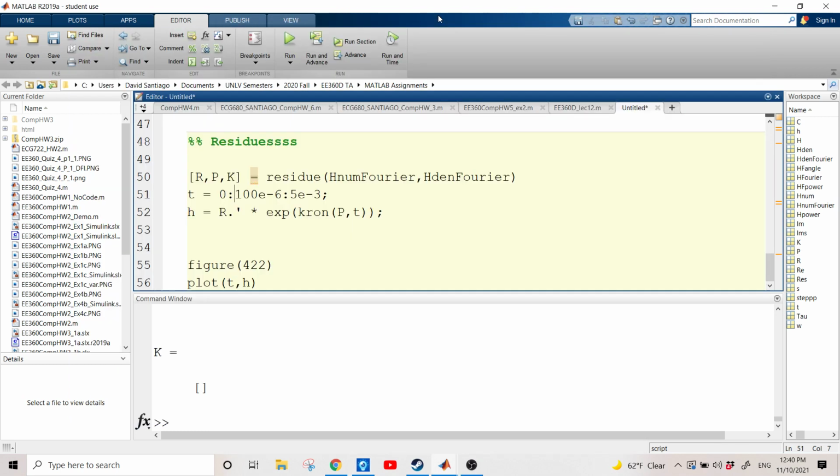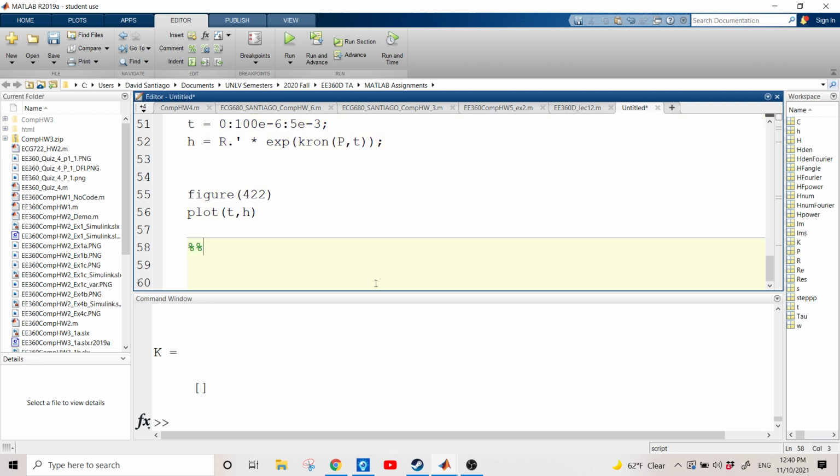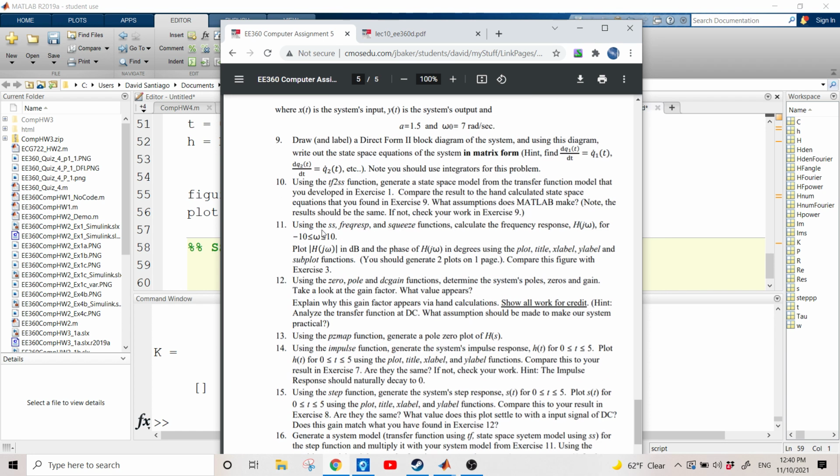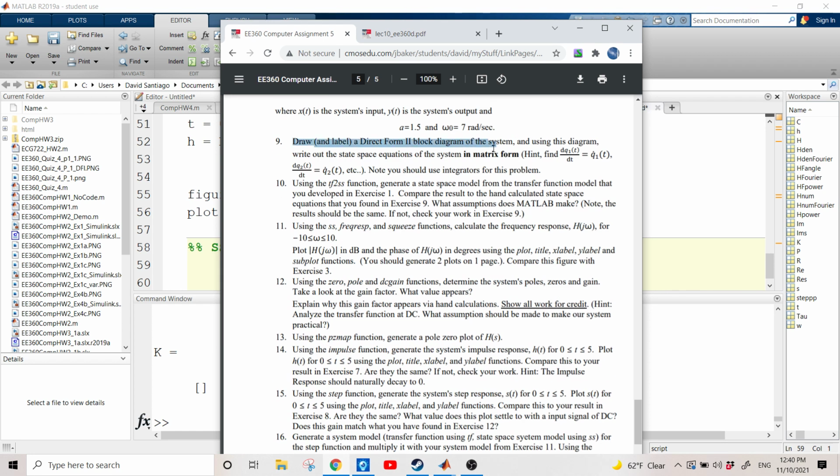So if we were to go back to our little problem, let's think about it. Via hand calculations determine, no, not that one. Oh, draw and label a direct form 2, and then I give you this hint right here. Just solve for that. Use integrators. It makes the problem much easier.